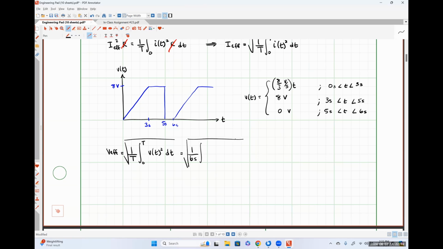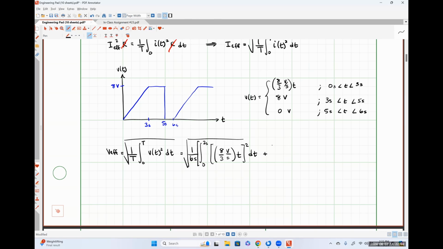One over 6 seconds times the integral from, so because we have a signal that is broken up into different parts over different intervals, we're going to break our integral up to match those intervals, right? So over the interval from 0 to 3 seconds, we are going to be integrating 8/3 volts per second multiplied by time, quantity squared with respect to time.